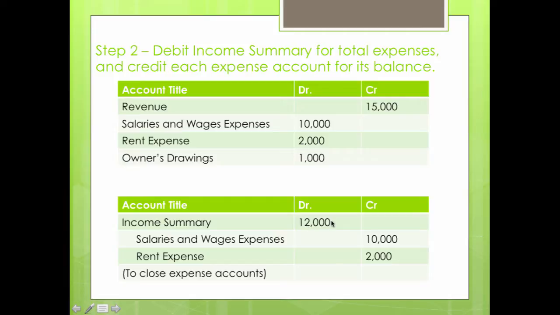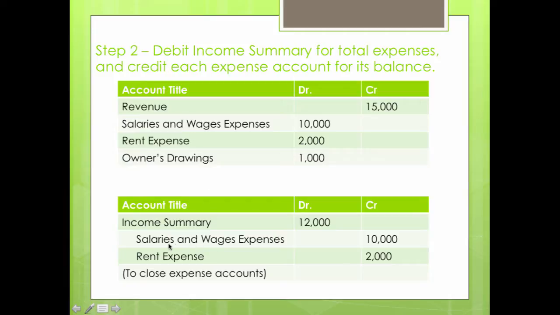And then, according to the instructions, we need to credit each expense account for its balance. Notice that it is each account, not the total of expenses. So since we have 2 expense accounts in this example, we are going to have 2 credit lines journalized in our entry.